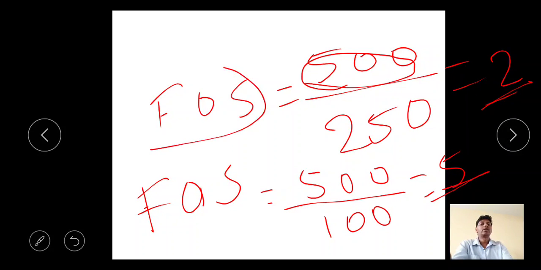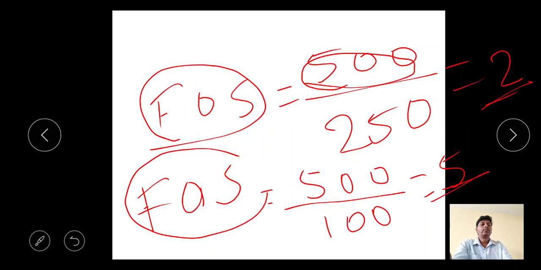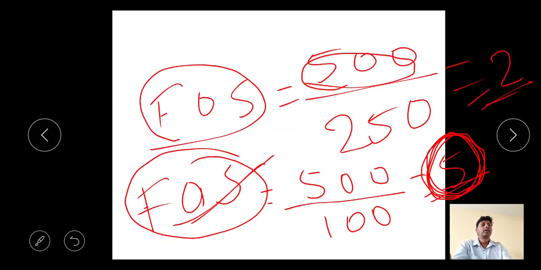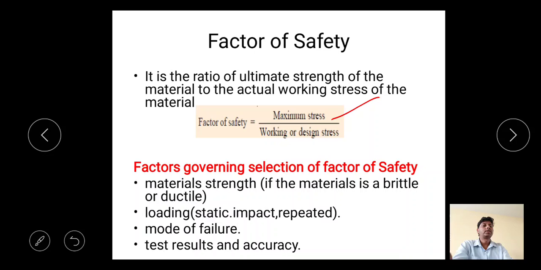That is the factor of safety. Which is safer? If the value of the factor of safety is more, then it is more safe. So this one will be less safe compared to that. So factor of safety is maximum stress divided by working or design stress. For 100 it is more safe, for 250 it is less safe.